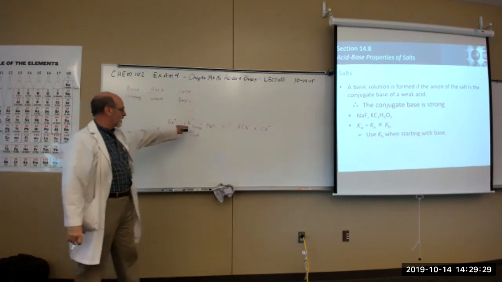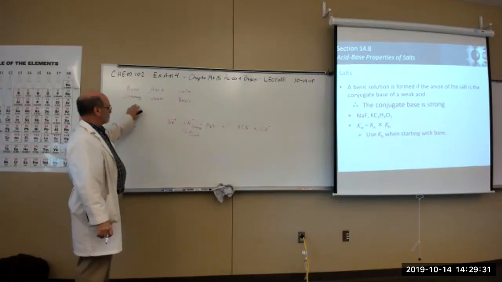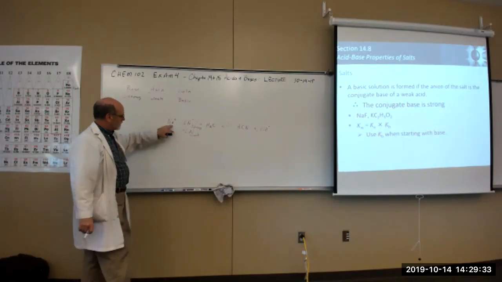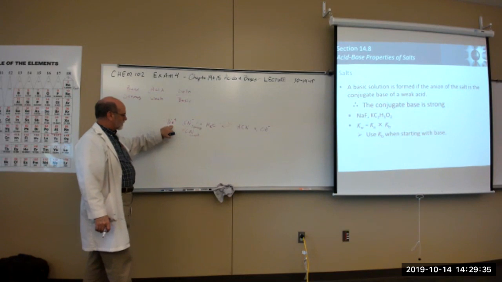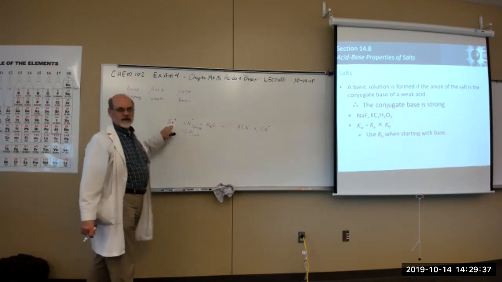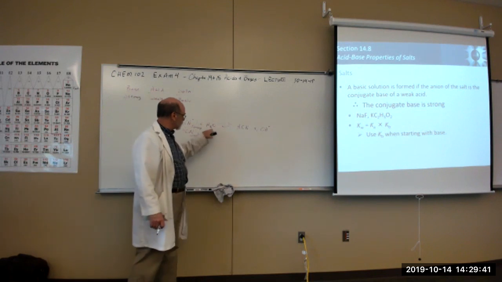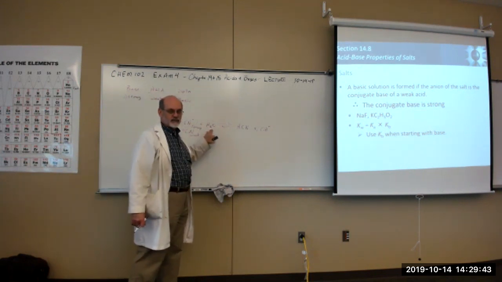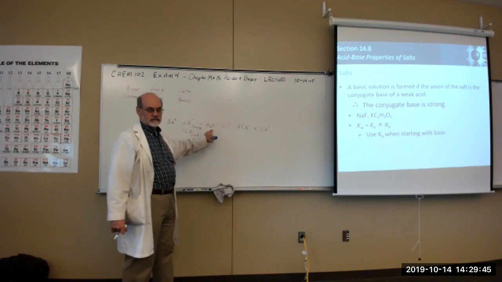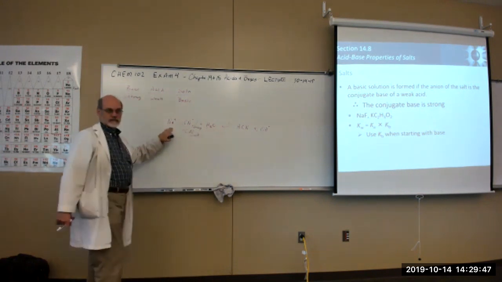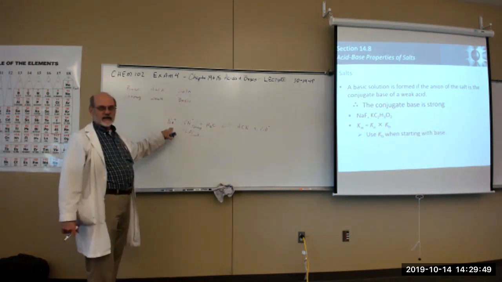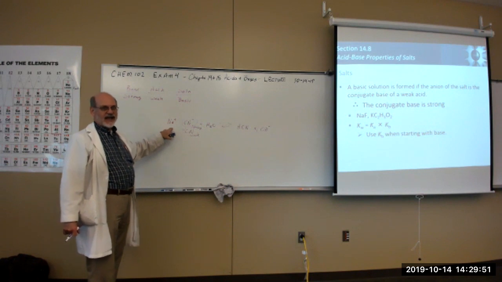And this is why it's basic. Because this cation does not have a strong attraction to hydroxyls. If it did, it would strip a hydroxyl from water and leave you with hydrogen ions. But it doesn't. Because it comes from a strong base, it makes a weak acid.